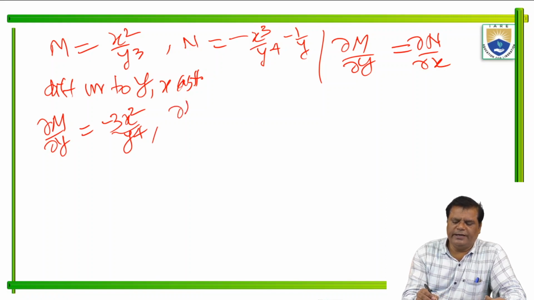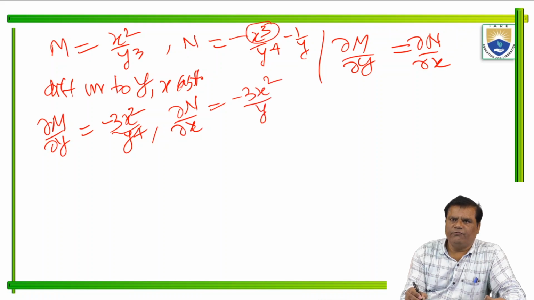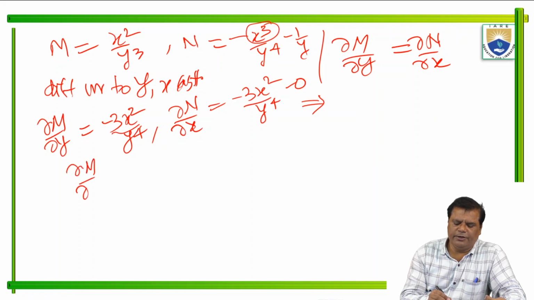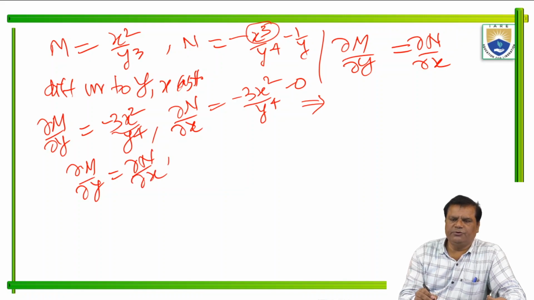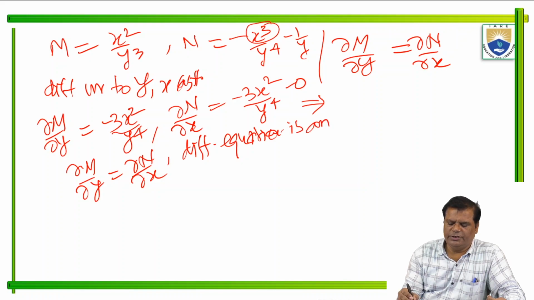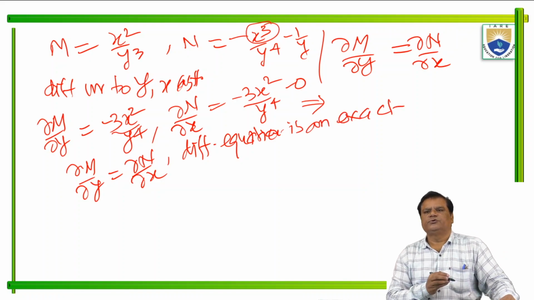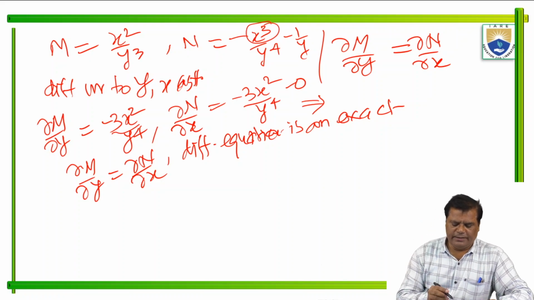Now differentiating n with respect to x, x cube differentiating gives minus 3x square upon y4, and differential of y is 0. So both results are same. This implies that del m over del y equal to del n over del x. Okay, so given differential equation is exact.